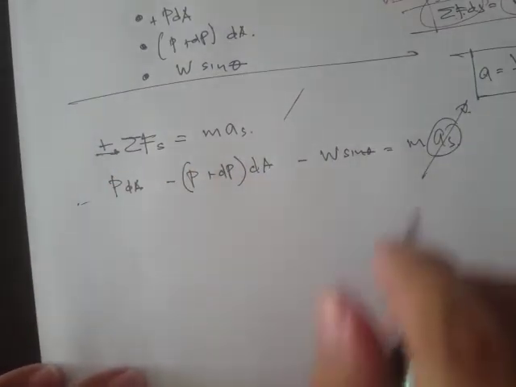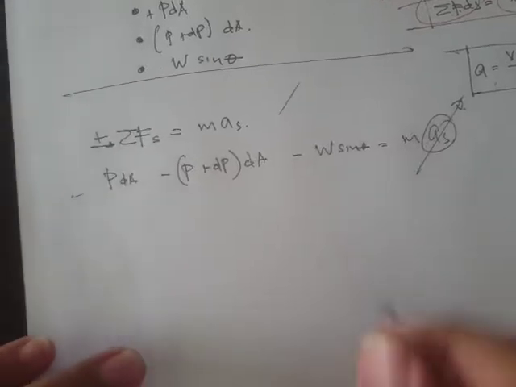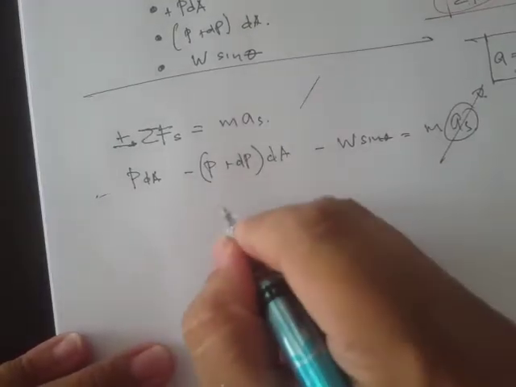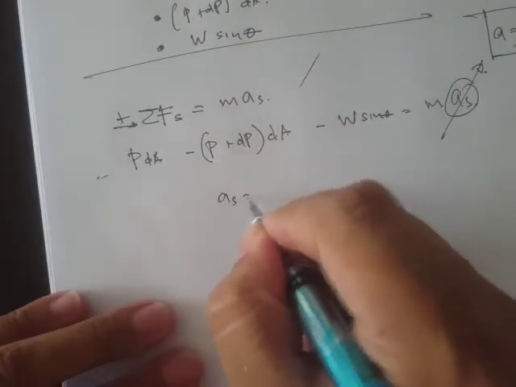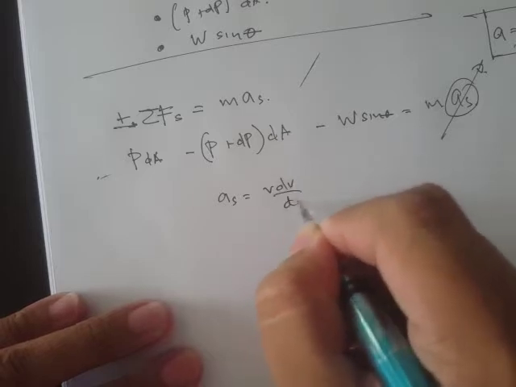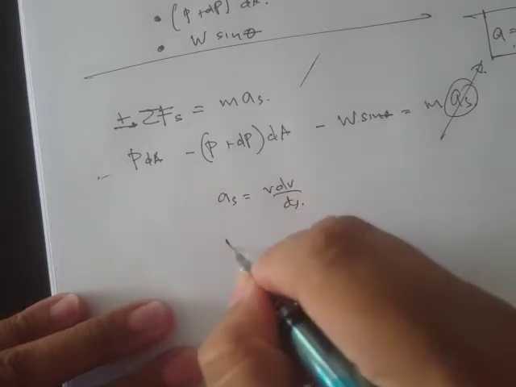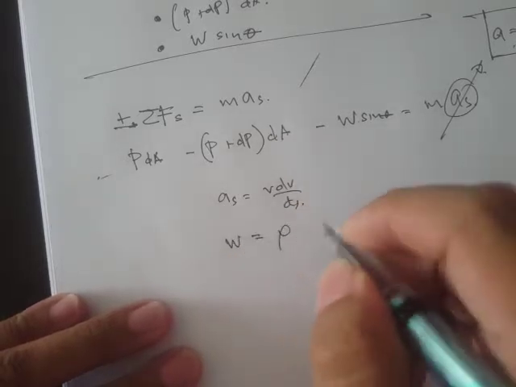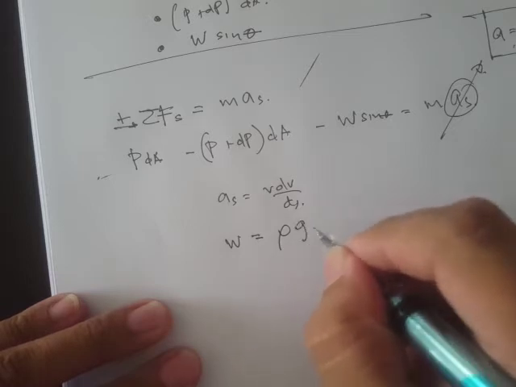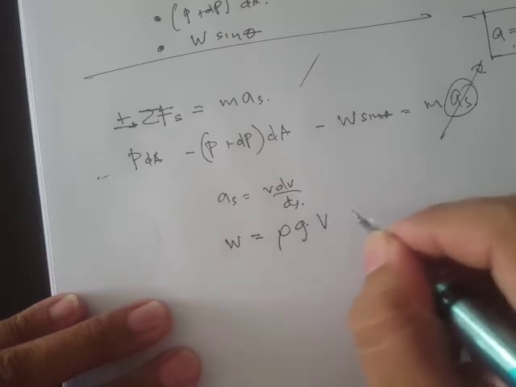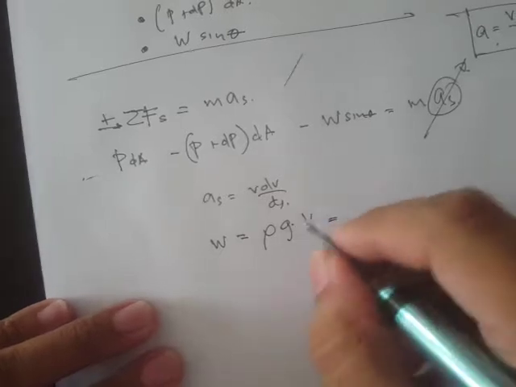Now if we substitute this, plus also, we'll write it here, a_s equal to V dV all over ds, and our weight is just simply equal to rho g times the volume.